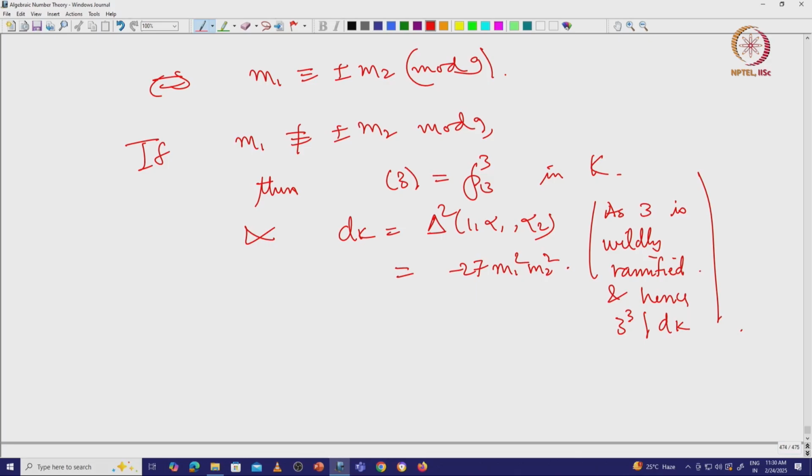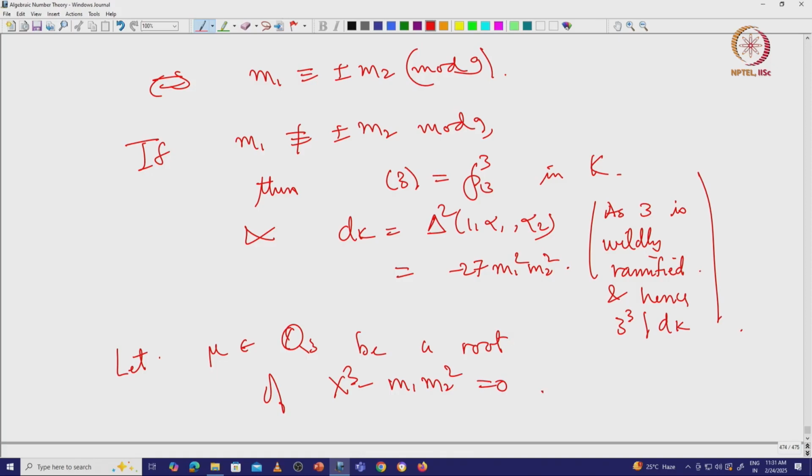So, we used that result here to conclude the case when m1 is not congruent to plus or minus m2 mod 9. We still need to show that 1 by 3 times (1 plus m1 alpha 1 plus m2 alpha 2) is in O_K. So, let mu in Q3 be a root of x cubed minus m1 m2 squared equal to 0.